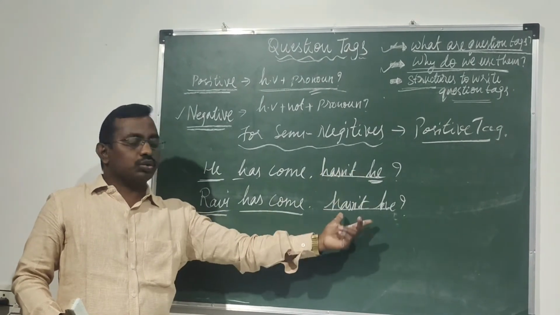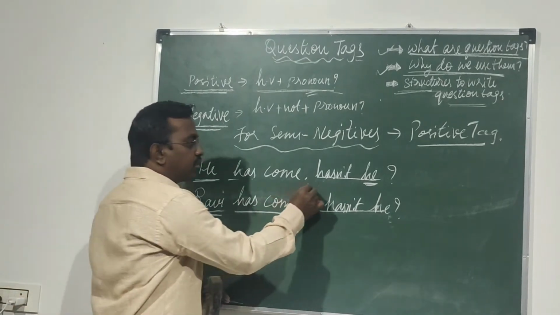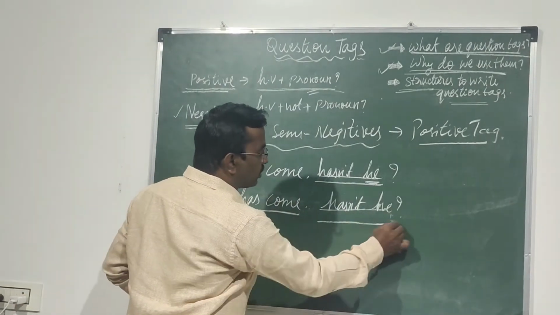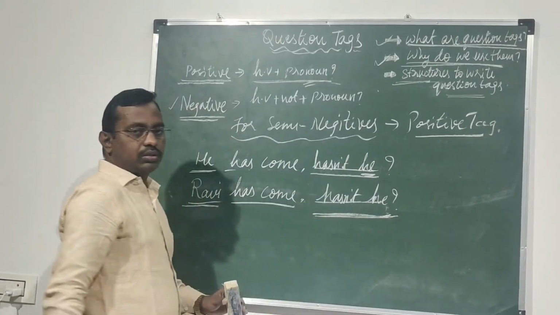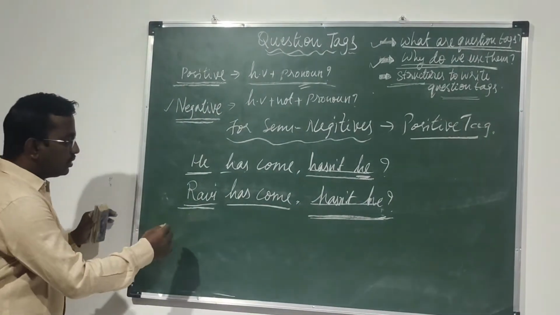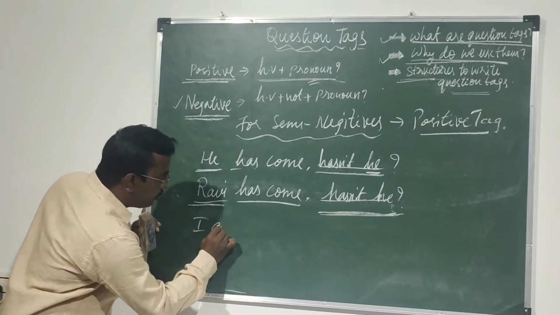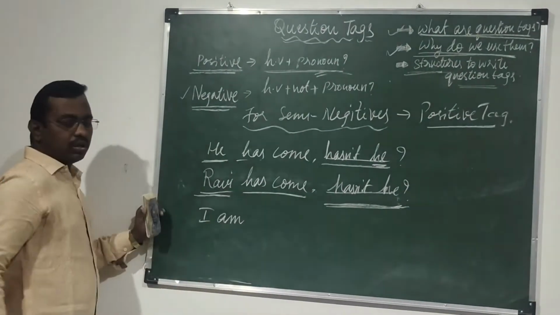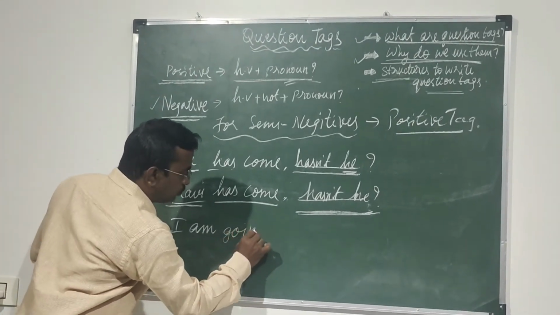The subject of that question tag should be pronoun, and that tag should be in small letters. Should not write capital letters in the sentence. If the subject of the sentence is I, and am is used in a positive sentence, I am going out.